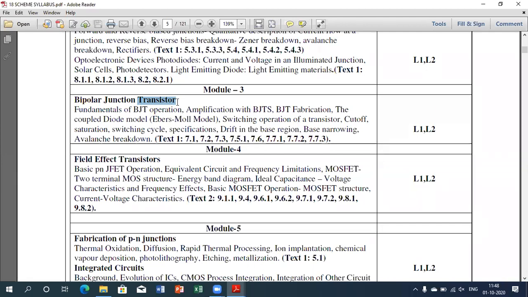In other words, a transistor is a semiconductor device which is used to strengthen weakened signals. The main application of a transistor is in communication systems, transferring a signal from one source to another destination.